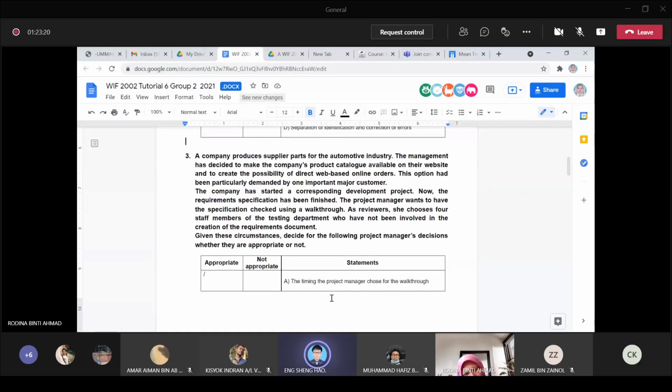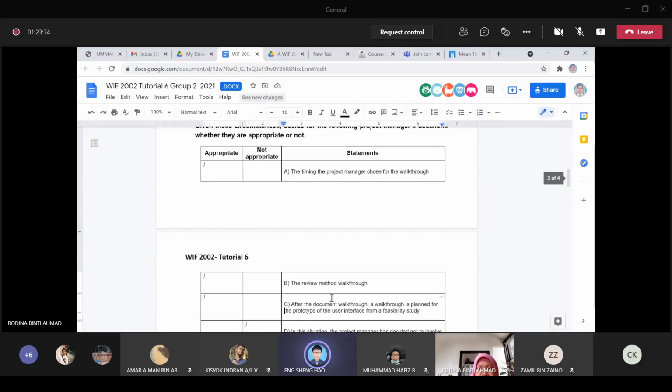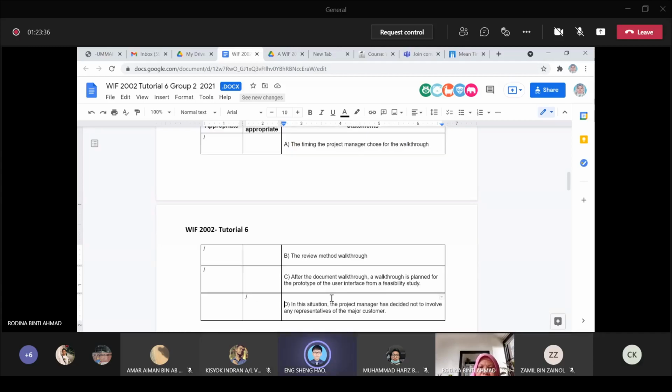When you actually give them the prototype, you can get better input, feedback, or comments on what needs to be improved from the requirements. So that also strongly supports the need to develop prototypes of the user interface.